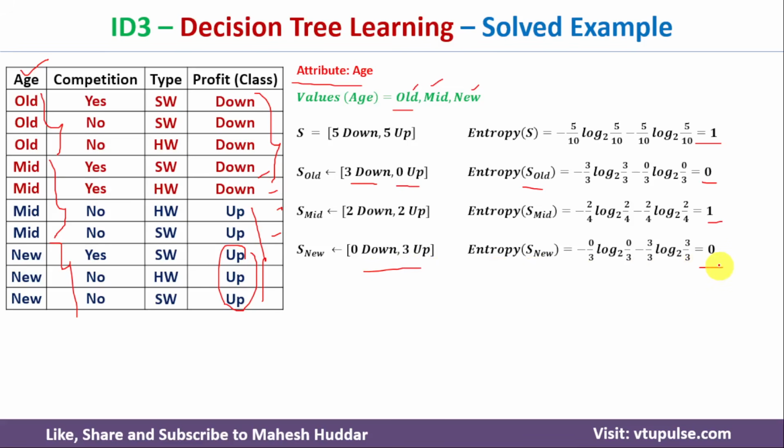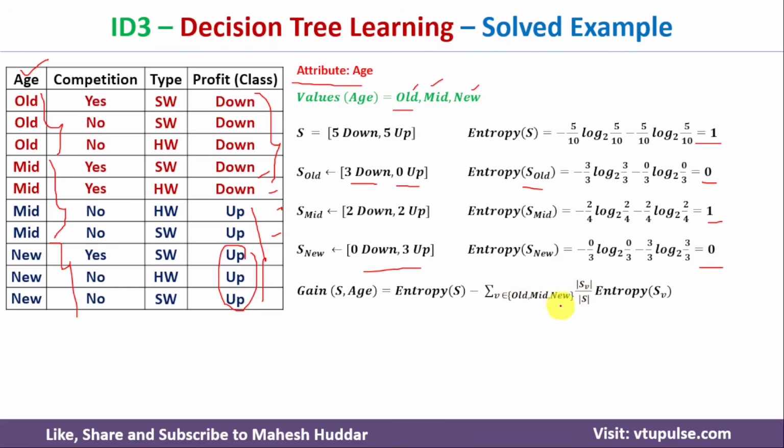Once you find the entropy of the entire dataset and the entropy of each attribute value, next we need to find the information gain for that particular attribute. So the information gain for the attribute age is equal to entropy of S minus the summation of cardinality of SV divided by cardinality of S into entropy of SV. Here we need to replace V by old, mid, and new.